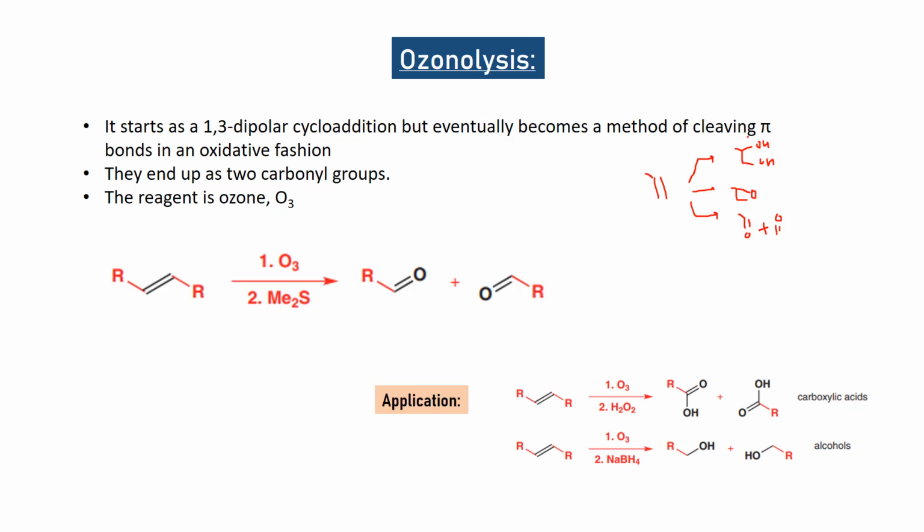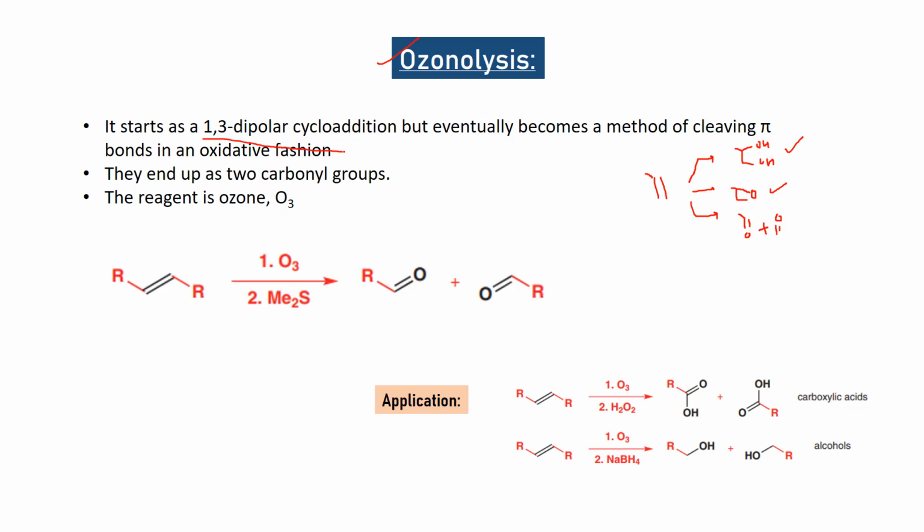The first one we have discussed already in the last class. The second one also we discussed in the last class, and today we'll solve some questions from that to give a clear idea. The last one is ozonolysis. So what is ozonolysis? It starts with a 1,3-dipolar cycloaddition reaction.